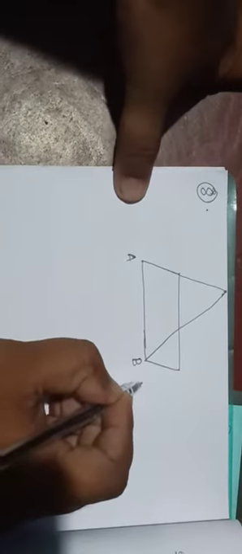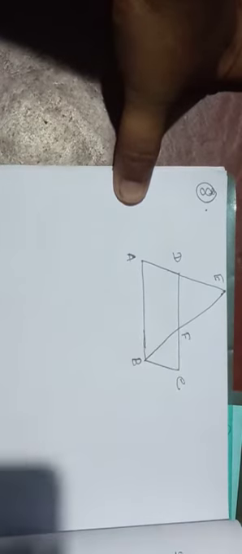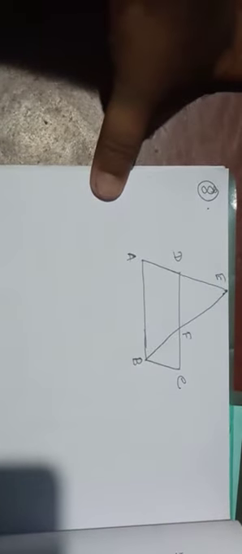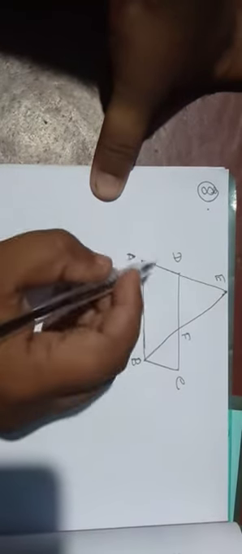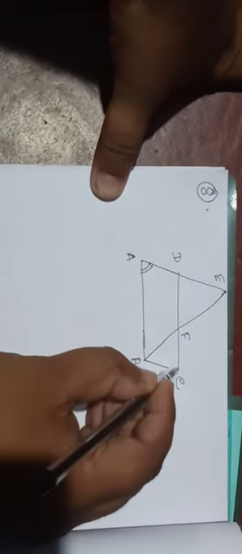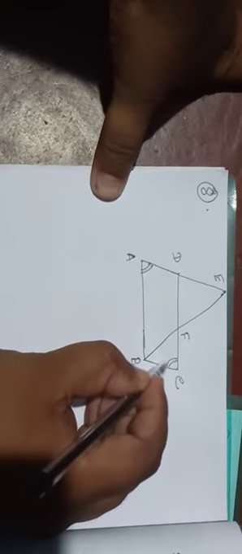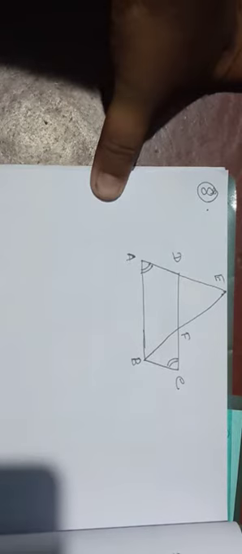This is A, B, C, D, E, and this is F. Now, it is given that this angle will be similar to this angle. So here comes the solution.